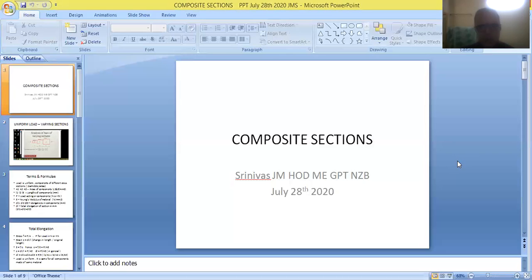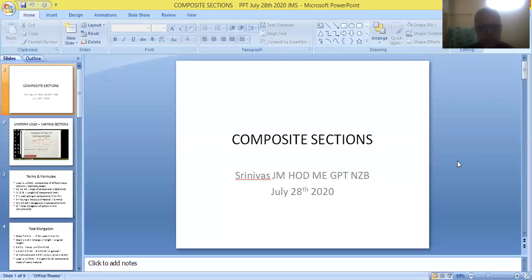So friends, the load acting on the section is very, very important, and the areas of components of the section are also very, very important. These two factors are very important for making calculations.